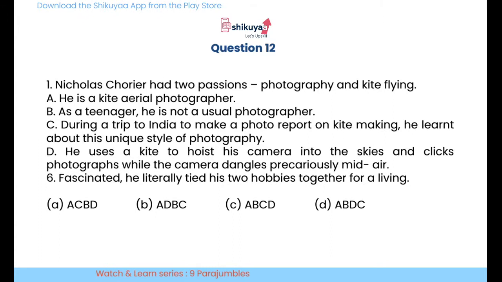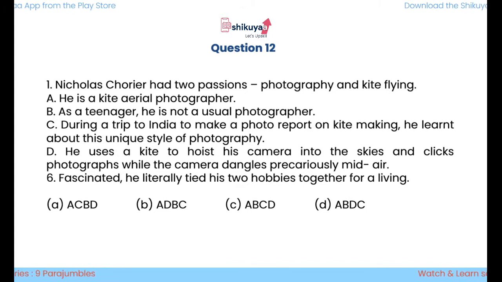Sentence A says that he is a kite aerial photographer. Very good. Okay, Pranjal has replied. A is the opening sentence. Now choose the sentence which is supporting A. Nicolas Chorier had two passions, photography and kite flying.